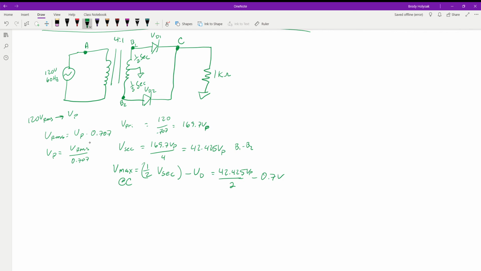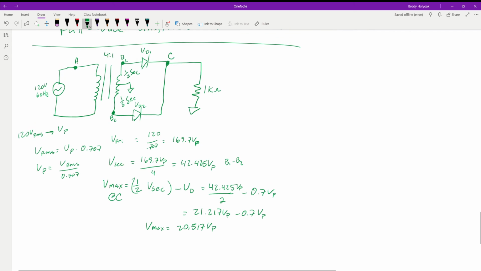Then we're going to subtract out the 0.7 volts peak across the diode. So what we end up with is 21.217 volts peak minus the 0.7 volts peak. So our Vmax comes out to be 20.517 volts peak.